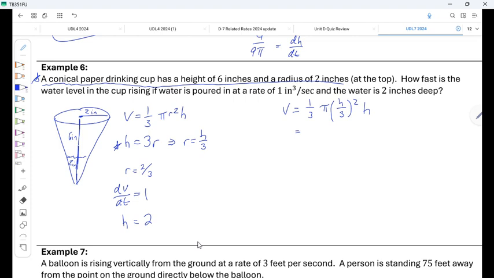Sure feels like 1 over something is going to be the denominator there if I combine everything I have. Just the denominator, 1 over what? I got 1/3 times pi times (h over 3) squared times h.